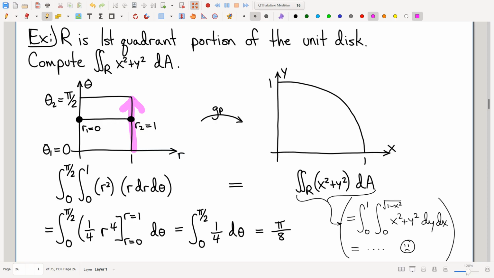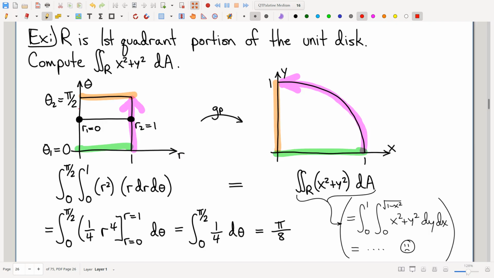And notice, as I've set this up, r is equal to 1, and then theta starts at 0 and increases up to pi over 2, all while r stays 1. That edge becomes exactly that edge. Everybody see that? Likewise, this is that, and this is that.